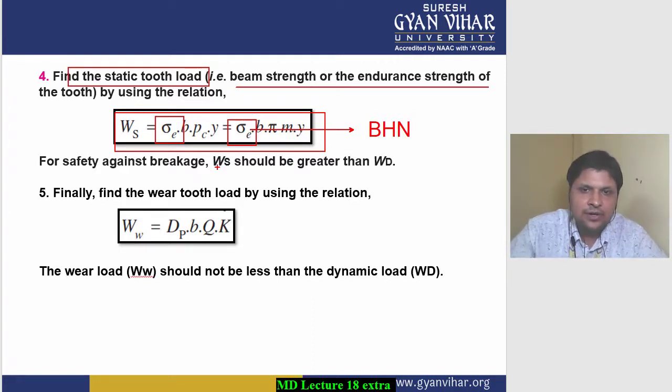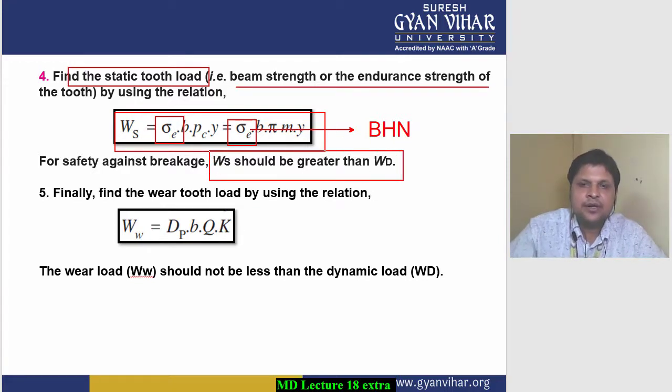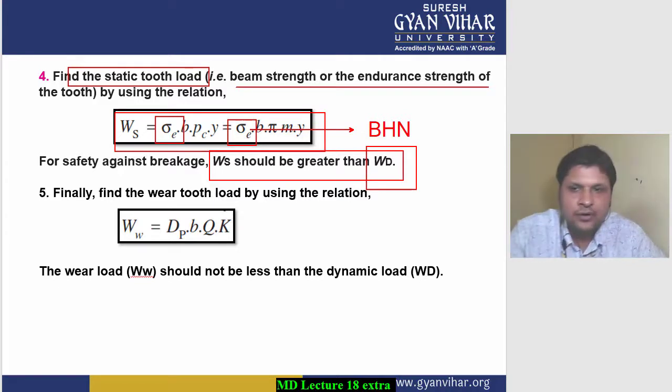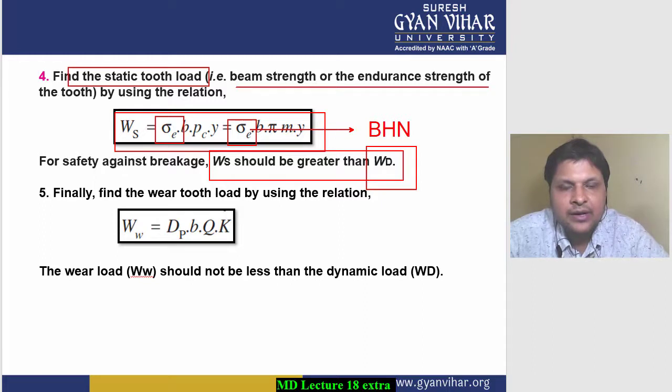Now after its calculation, we will have to ensure whether this calculated value is greater than the WD value calculated in step number 3 or not. Means whether the static load is greater than dynamic load or not. If it is greater, then our design is safe.